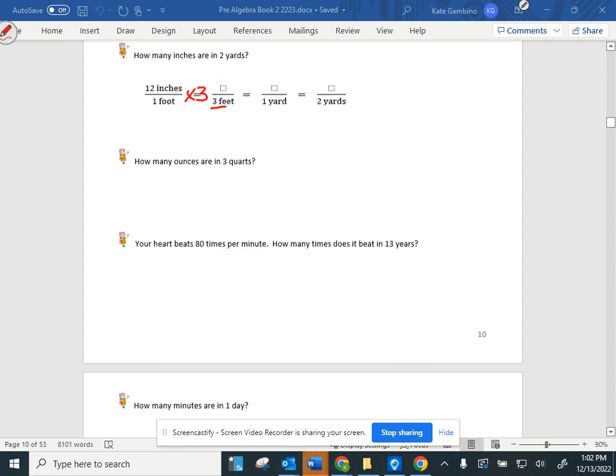Multiplying by 3. So 12 inches times 3 gives me how much? 36. Now I want to go from 3 feet to 1 yard. It's equals, so it stays the same. Now I want to go from 1 yard to 2 yards. What am I multiplying by? So I know there's 72 inches in 2 yards.